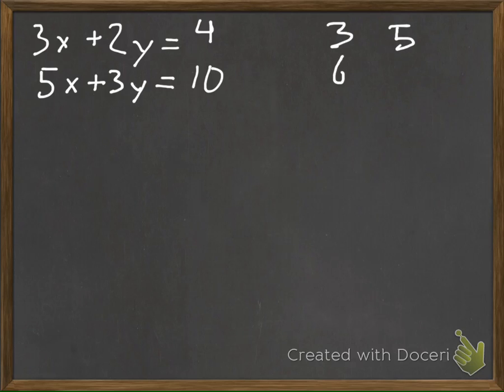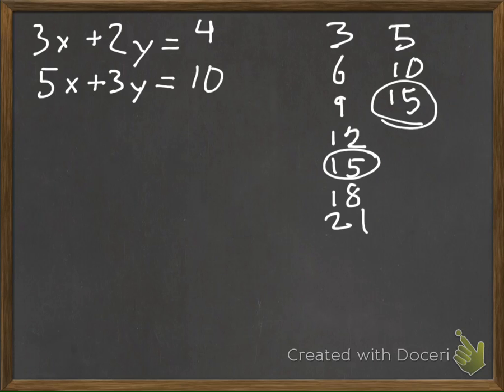If I'm counting by 3s: 3, 6, 9, 12, 15, 18, 21. If I'm counting by 5s: 5, 10, 15. Oh, right there, we've got a common multiple. So we're going to multiply both of these equations by some number so that the coefficient on x is going to be 15.